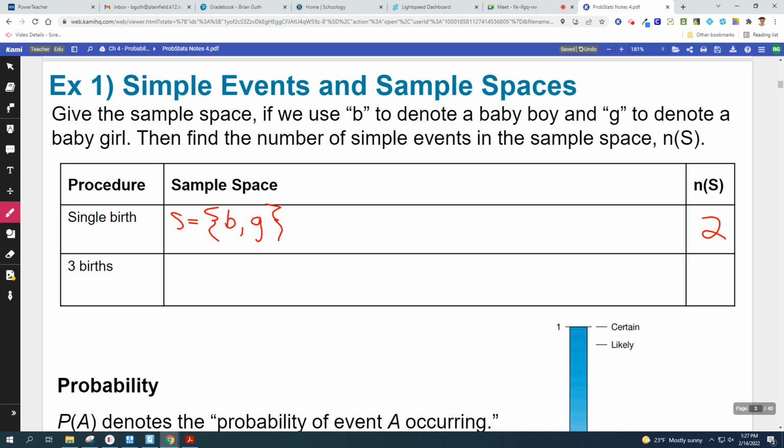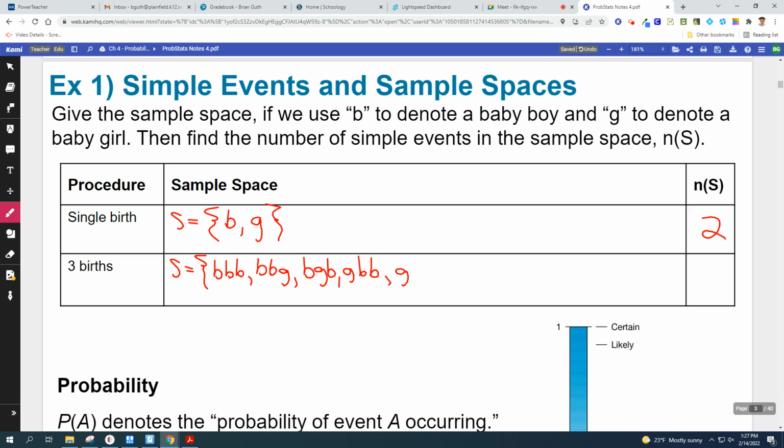Now, if there are 3 births, it becomes a little bit more complicated. So the sample space is just what could possibly happen with 3 births. Well, you could have 3 boys, so I'm going to call that boy, boy, boy. Or perhaps the first 2 are boys and the third girl: boy, boy, girl. That's if there were 2 boys and 1 girl. Or there could be 2 girls and 1 boy.